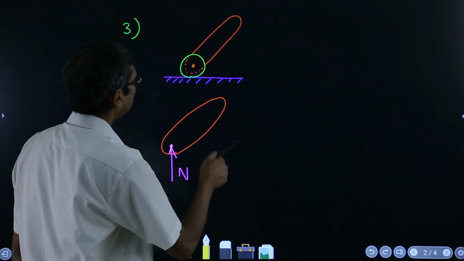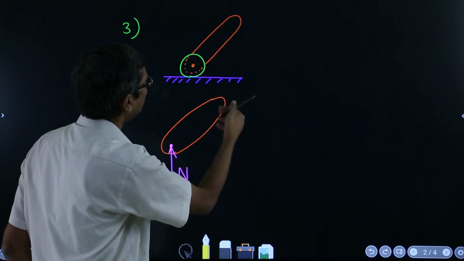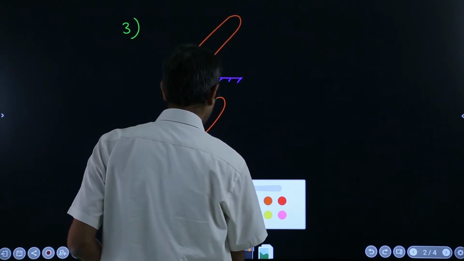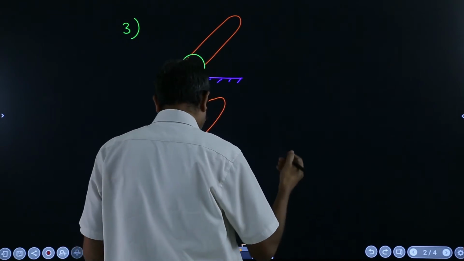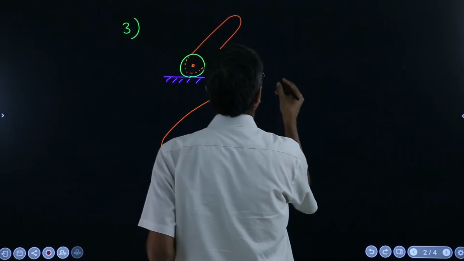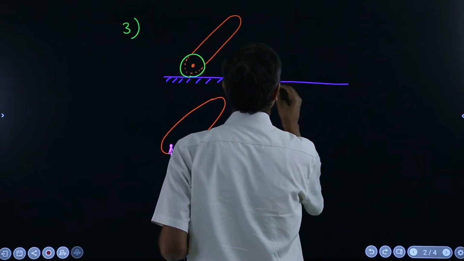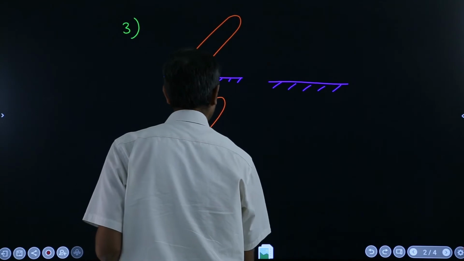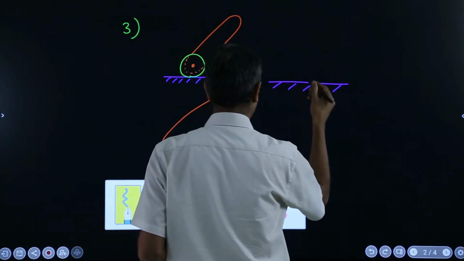But the more important thing is it comes in many types of representations and views. So that is more important to see. Suppose I draw another case where this is the ground and you represent the connector like this. Okay.